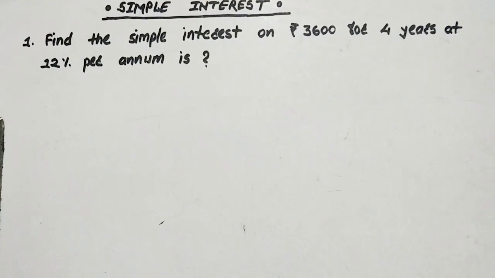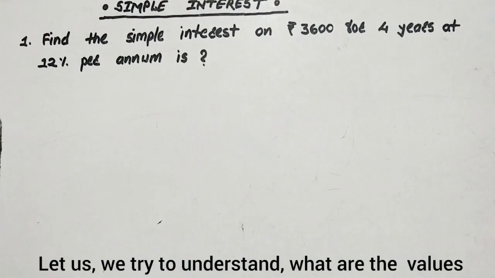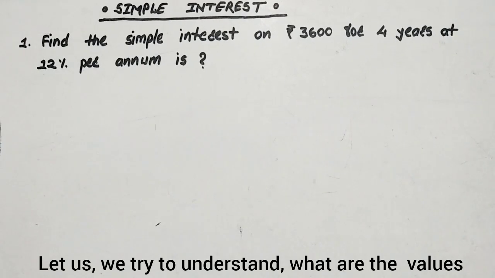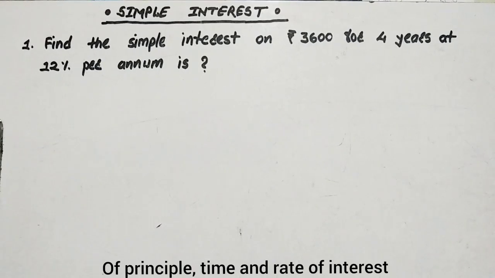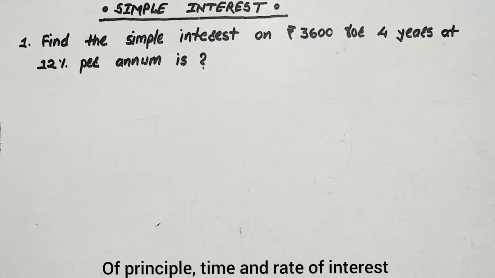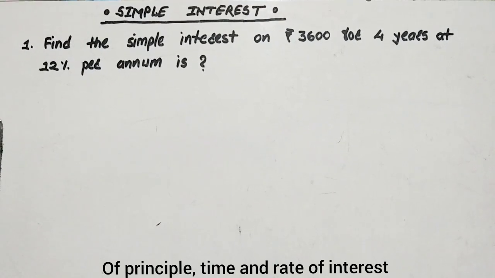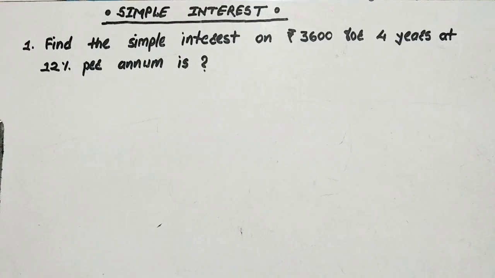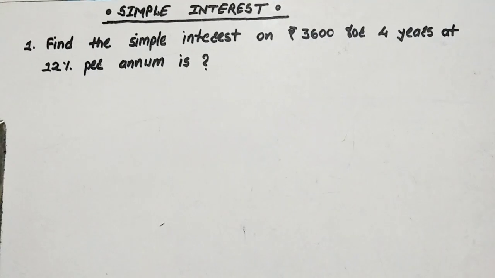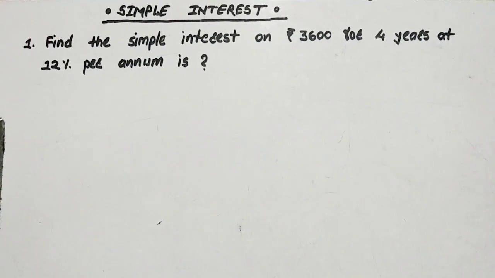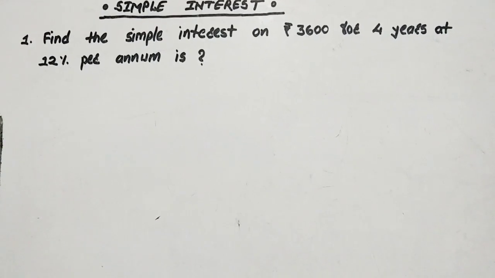So this is the first problem. Find the simple interest on rupees 3600 for 4 years at 12% per annum. Here we find the simple interest, SI, on principal 3600 for 4 years at 12% per annum, that means rate of interest is equal to 12%.